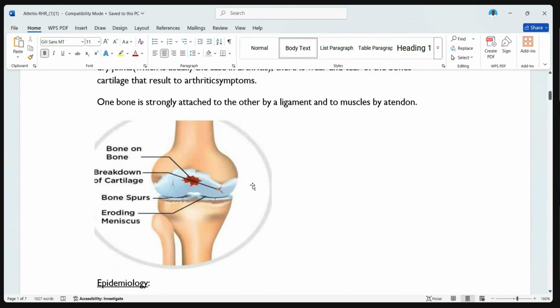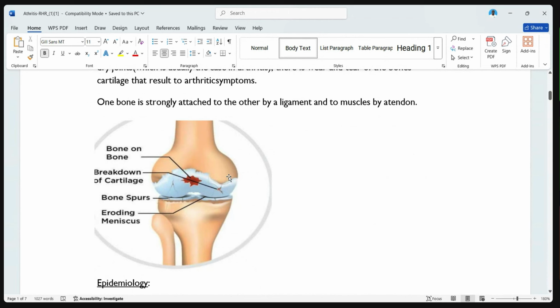And you can see it here visually. This is the joint actually. And in the joint, we have the cartilage. This is the point of attachment. And in the middle there is the synovial fluid.